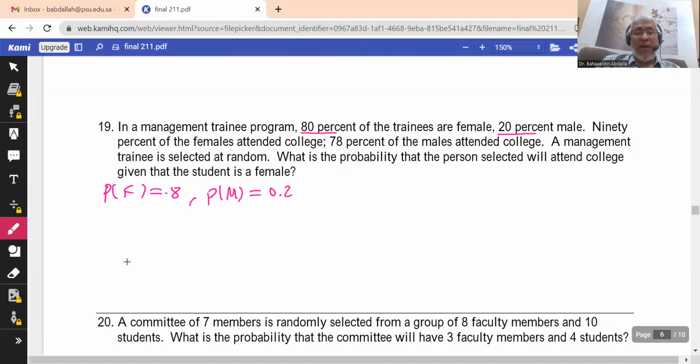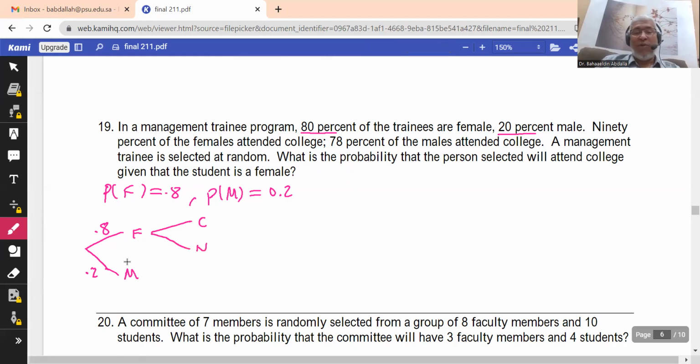Now, any trainee could be either female or male. Probability of female is 0.8, probability of male is 0.2. Now, 90% of the females attended college. So if the trainee is a female, either she attended college or did not.